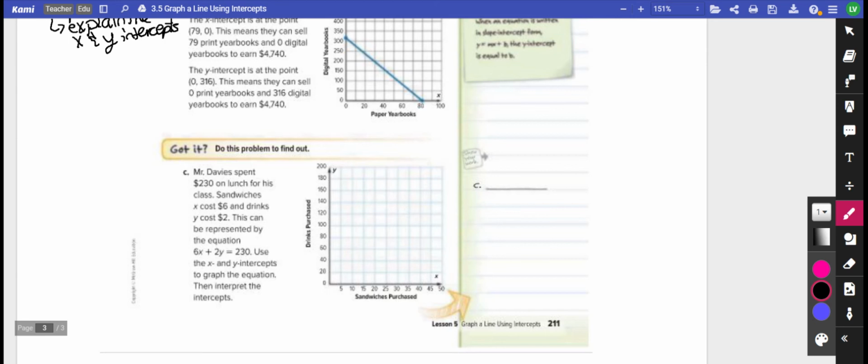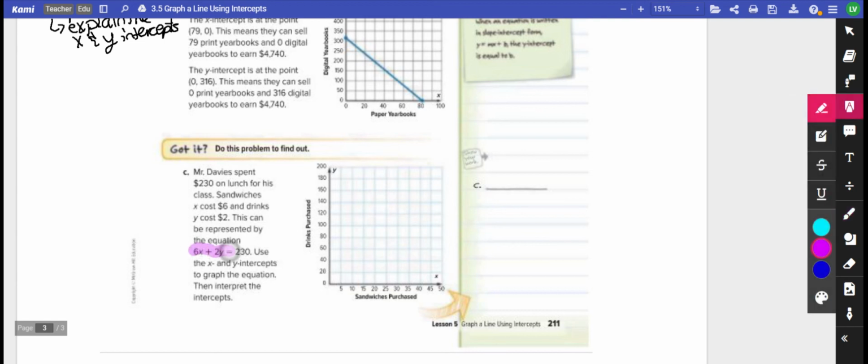Mr. Davies spent $230 on lunch for his class. Sandwiches (x) cost $6 and drinks (y) cost $2. This can be represented by the equation 6x plus 2y equals 230. We're going to use the x and y intercepts to graph the equation, then interpret the intercepts.